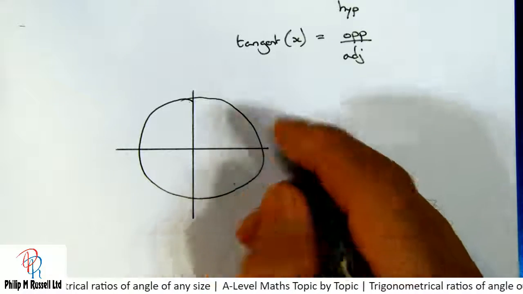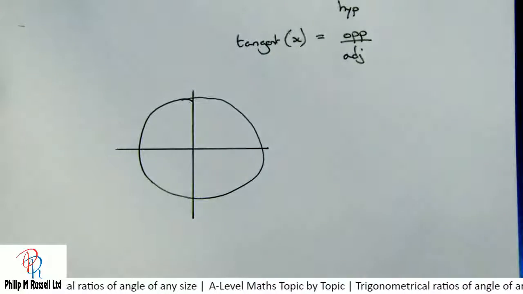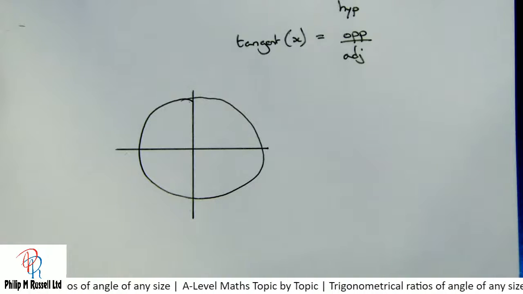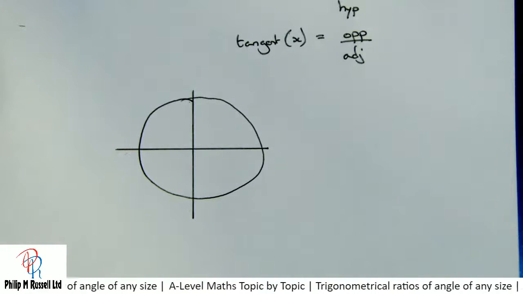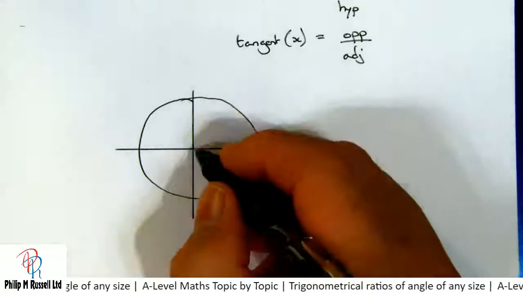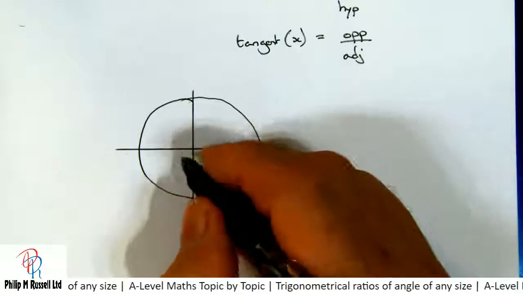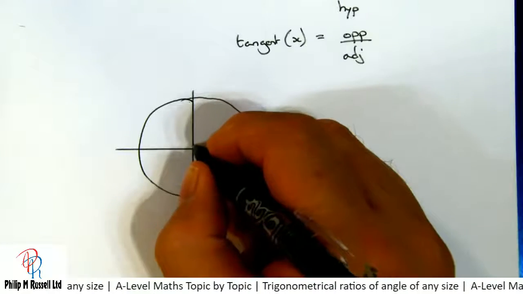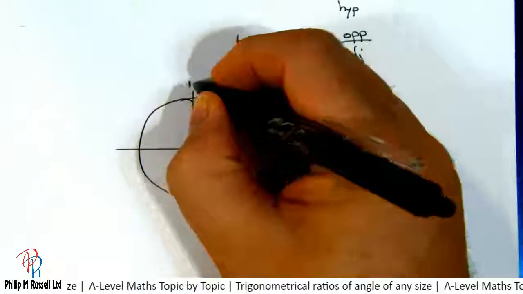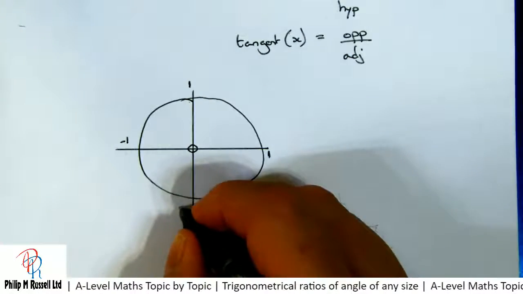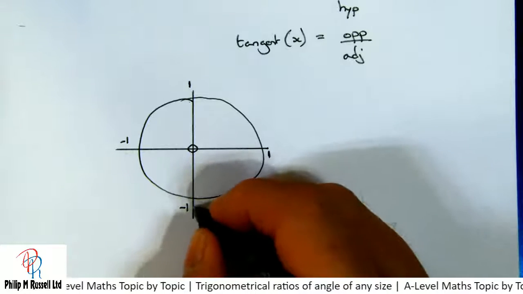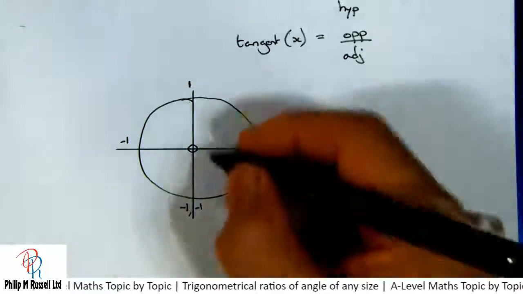Now let's have a look at a particular angle and see what we can do with this angle. So let's suppose that this is a circle of radius 1. So if this point is 0, this point will be 1, this will be 1, this will be -1, and this will be -1, and in fact -1, -1 if we want to look at it.